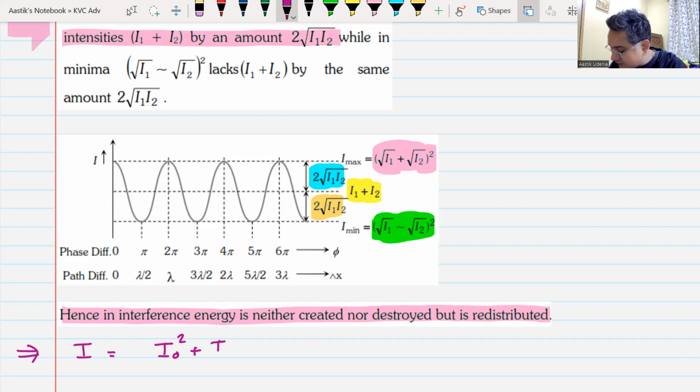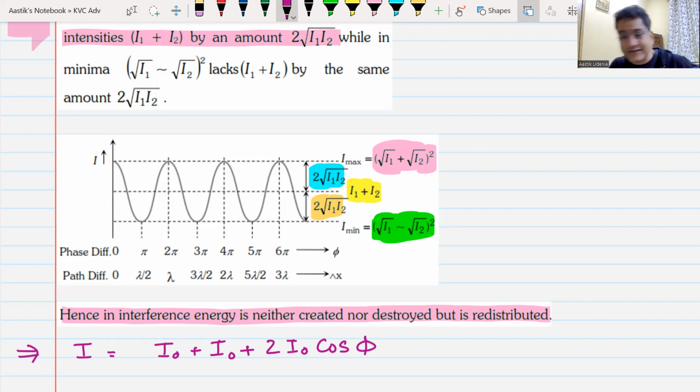Let us say that the intensity of the two interfering waves is I naught. So you can write it as I naught plus I naught plus 2 times I naught cos phi. Do we remember this?